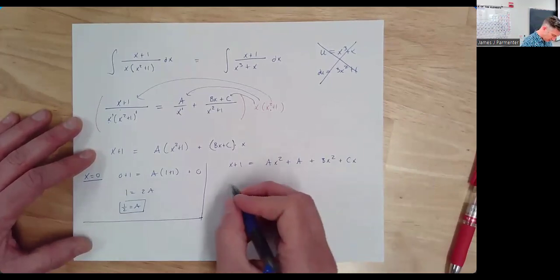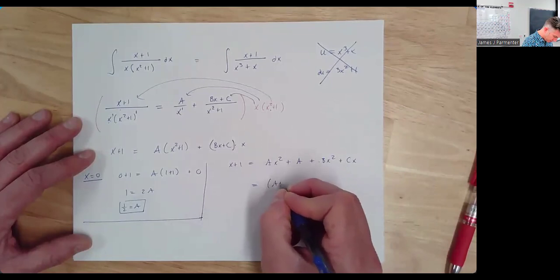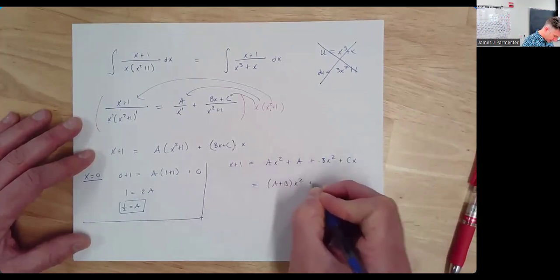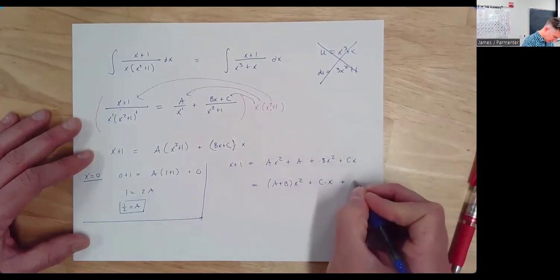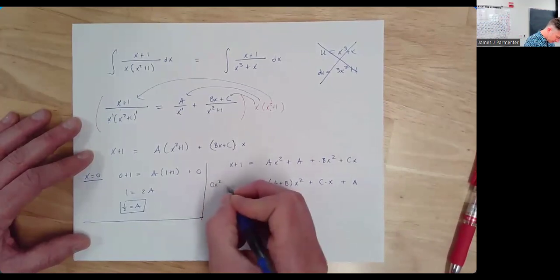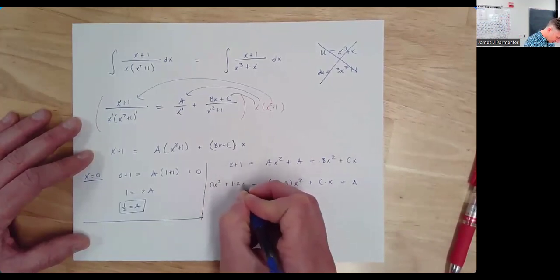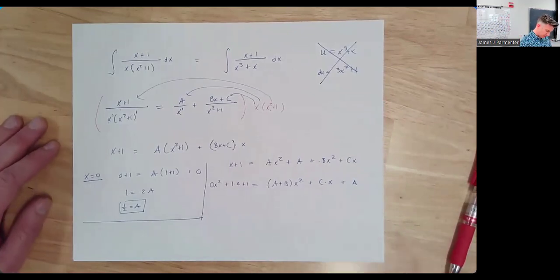Or rewriting it, on the right-hand side, I have a plus b times x squared plus c times x plus a. On the left-hand side, I have 0x squared plus 1 times x plus 1. So I feel like I've made a mistake somewhere. Yeah, I really feel like I have. What did I do wrong?